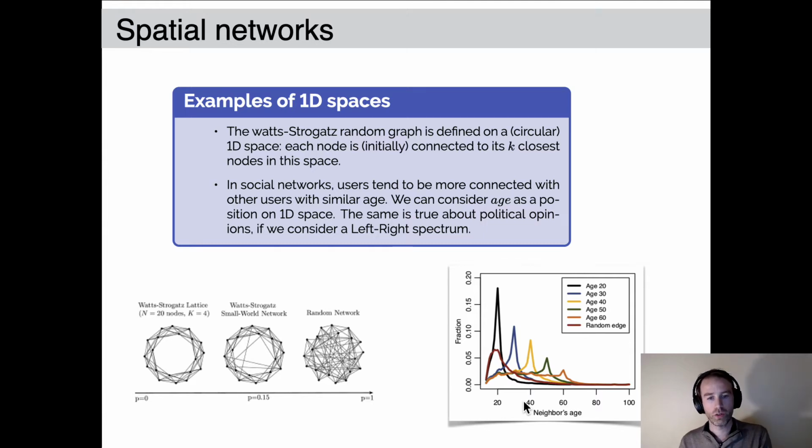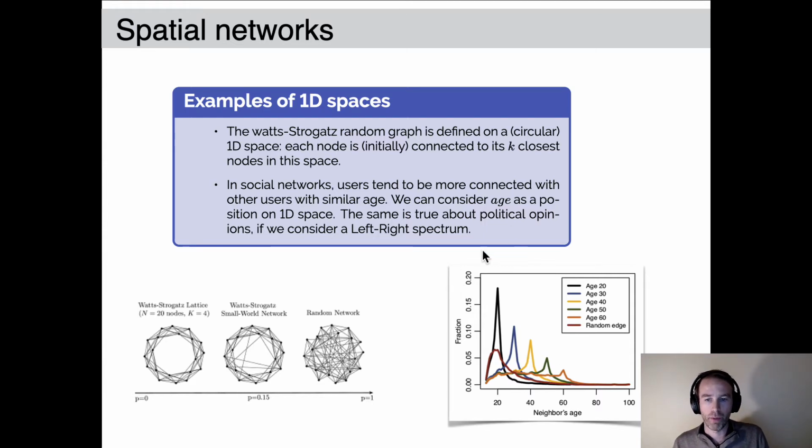And you have a position which depends on your age, and you can compute a distance to all the other individuals, which is the age difference. And since we observe that there is a higher probability of having edges between people who are close to you in terms of age, then it means that we can define this as a spatial network.